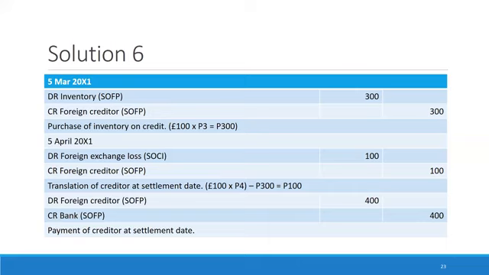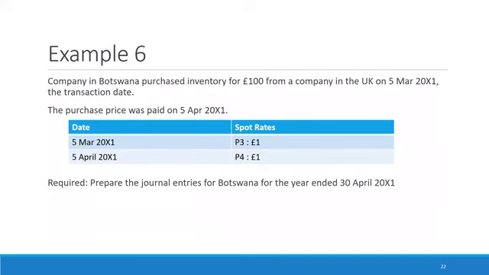Why are we crediting foreign creditor here and not bank as we did in the previous examples? Because we're only going to make payment in April. At the date of transaction on the 5th of March, we in fact still owe the company in the UK. So now when it reaches the 5th of April, we must re-update. We need to restate our foreign creditor in the UK.